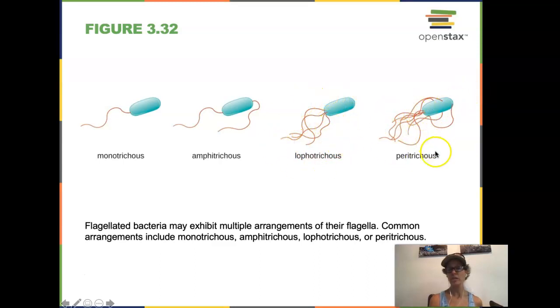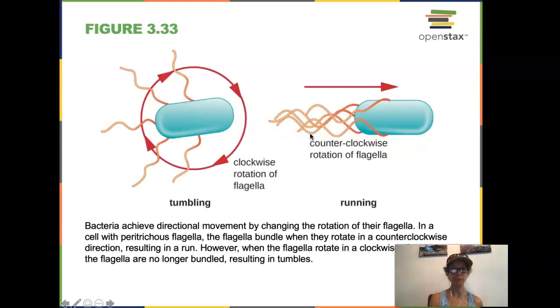And peritrichus, peri means all around, flagella all around. So all of these bacteria would be able to move by flagella, but they're doing it with different numbers and in different positions. We don't have a stain in a light microscope lab where we'd be able to see these flagella, but we will be able to detect if the bacteria are able to move.